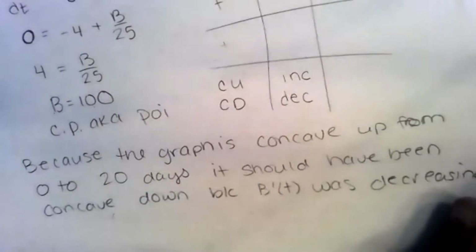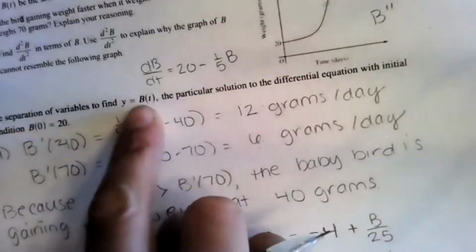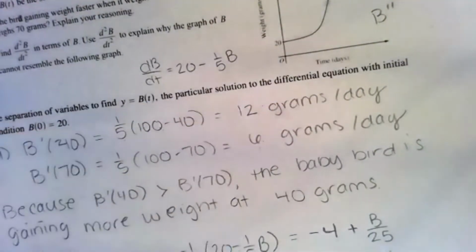Okay, then I got to go on the back of my paper to do the next part. It says use separation of variables to find the particular solution to this equation with a given initial condition. So we're going to take dB/dt equals 1/5 (100 minus B). We're going to separate our variables.